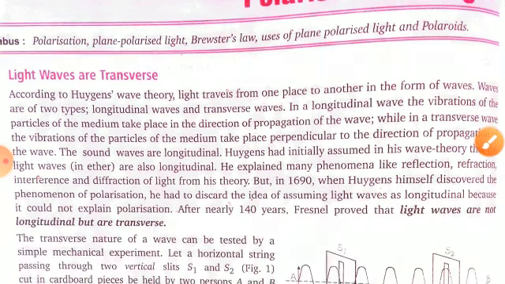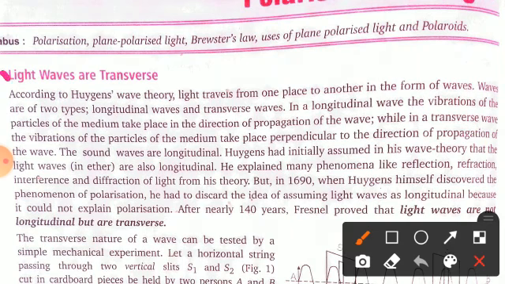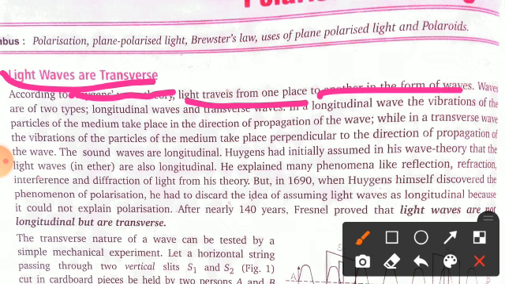Now first we talk about how light waves are transverse. According to the Huygens wave theory, light travels from one place to another in the form of waves. Clear? Now waves are of two types. I hope you know very well what are longitudinal waves and transverse waves.